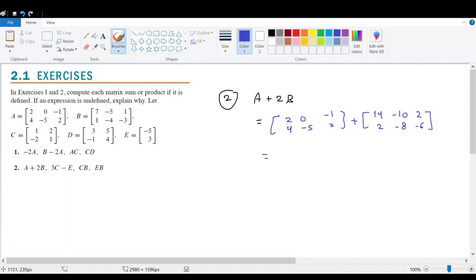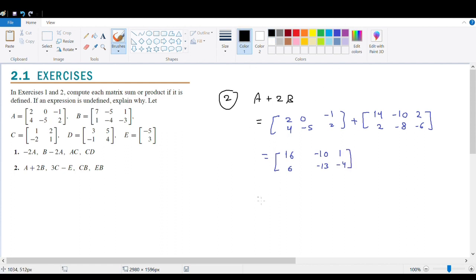Now we add 2 with 14, 0 plus minus 10, minus 1 plus 2, and so on. So we get the result: 16, minus 10, 1, 6, minus 13, minus 4.